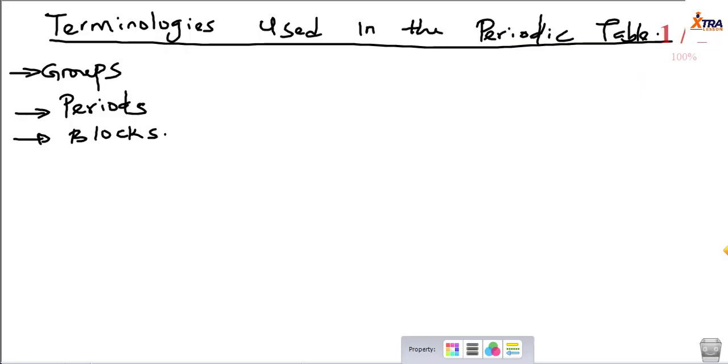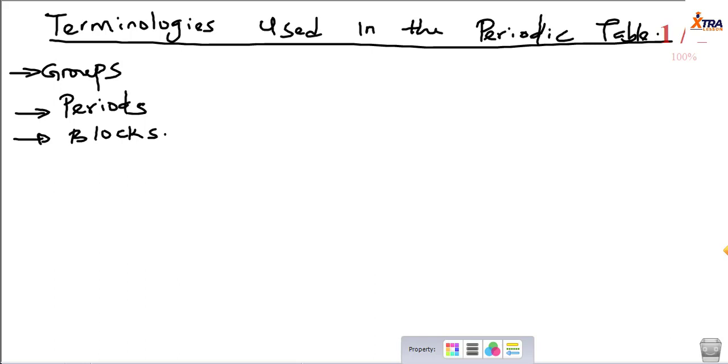So elements in the periodic table can belong to a certain group, a certain period, and a certain block. We'll look at how to determine what group, period, and block an atom belongs to. But before we do that, let us state the unique features of atoms that fit into these categories.